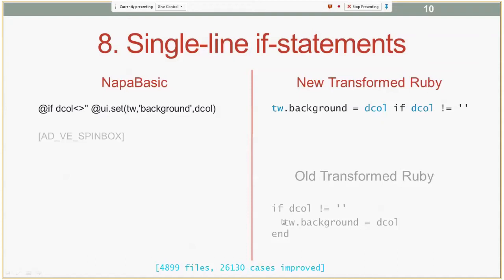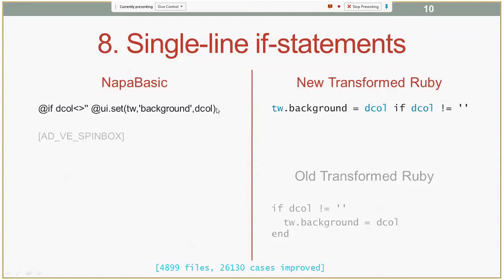So we were getting these 3 lines, for example, here. But now, for simple if statements, we are generating a 1-line Ruby if statement. You can note here that 1-line Ruby if statements actually have the if at the end of the line. This is Ruby specific syntax, but nevertheless it's a 1-line if statement.